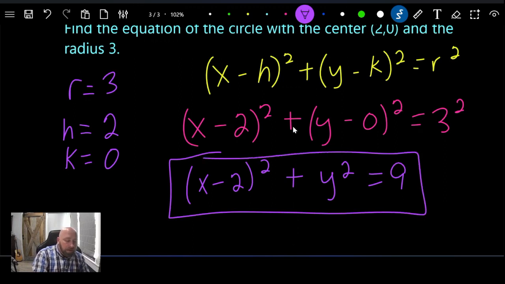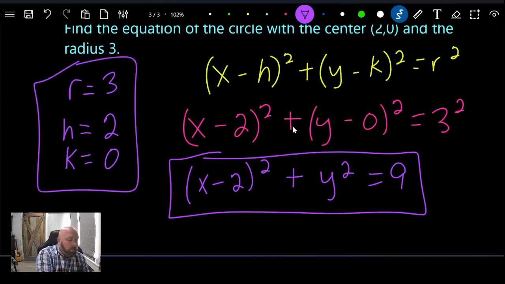This would be our answer for this problem. The formula for this circle, with these qualifications, is going to be (x minus 2) squared plus y squared equals 9. And when we put that on our coordinate points, that is going to give us a circle on our graph.